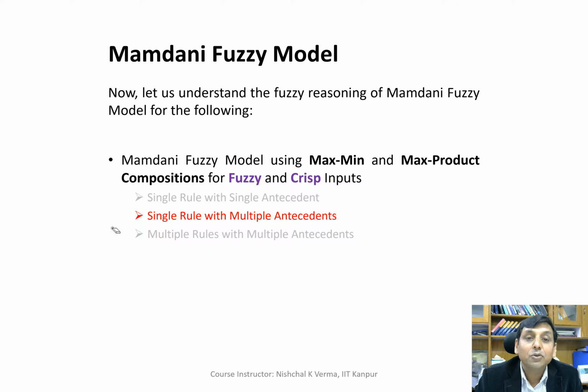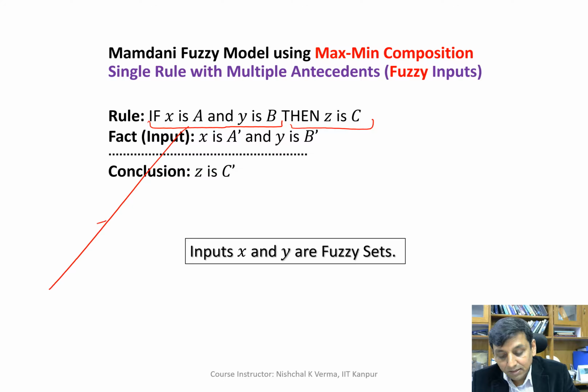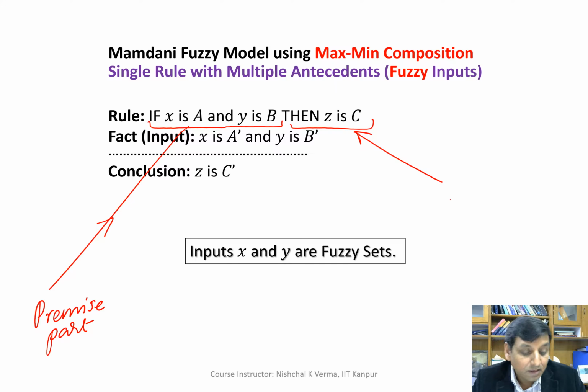So let's see how it looks. You can see here we have a rule, and in this rule we have the premise part, and then the consequent part. So this is the premise part, and this is the consequent part.